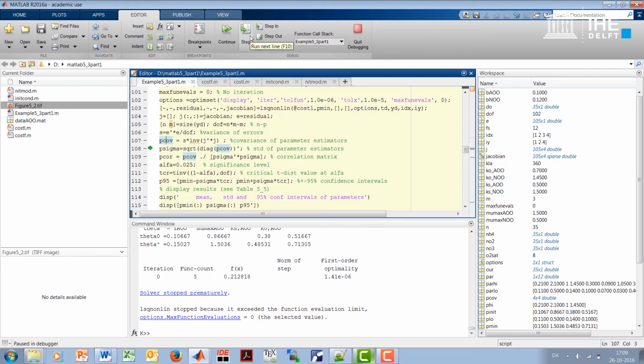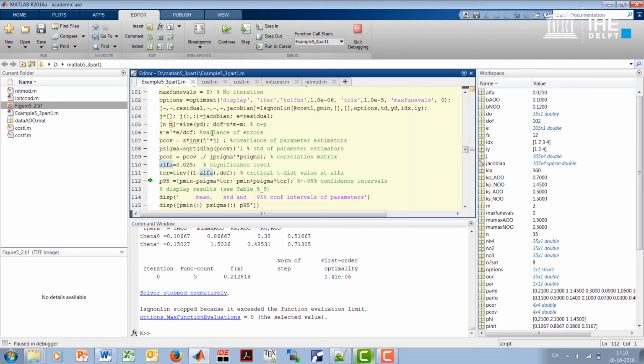The degrees of freedom and variance of errors are computed, and they are used to compute the covariance matrix PCOV. The diagonal of the PCOV matrix is the variance of the parameter estimators. The correlation matrix of the parameters is also calculated.